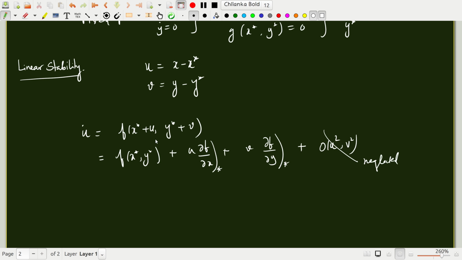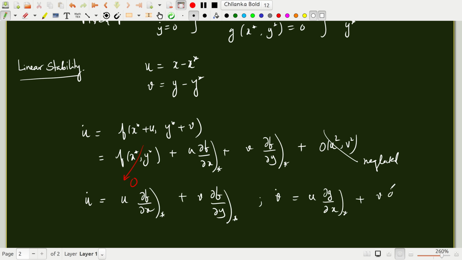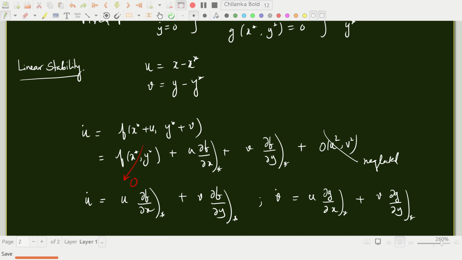Now by definition f of x star y star is 0, because that's how you find the steady states or fixed points, and therefore u dot is given by u partial f partial x at the fixed point plus v partial f partial y at the fixed point. Similarly, v dot is u partial g partial x at the fixed point plus v partial g partial y evaluated at the fixed point.